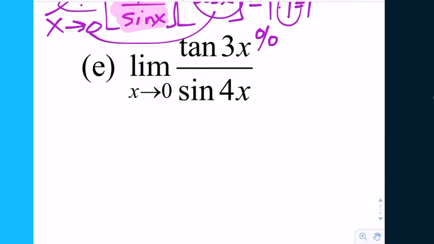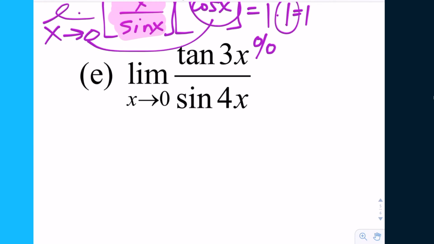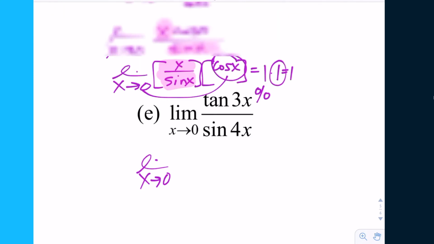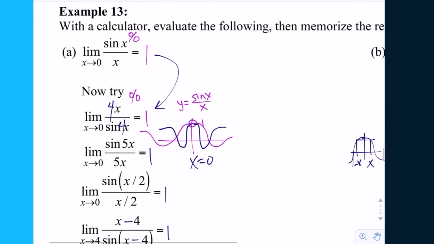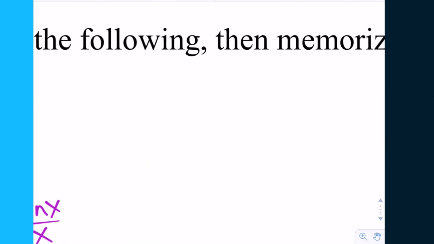Any ideas? We saw a tangent yesterday. What did we do? Very good. Tangent of 3x, we said, behaves like sine of x near 0. So let's write it as sine over cosine. Actually, we don't even need to put it in terms of sine of x. Here we go.